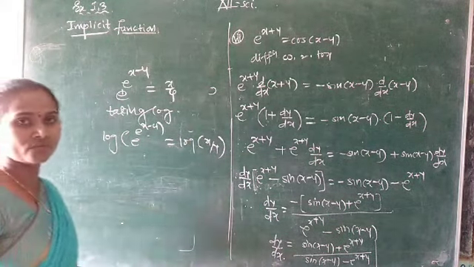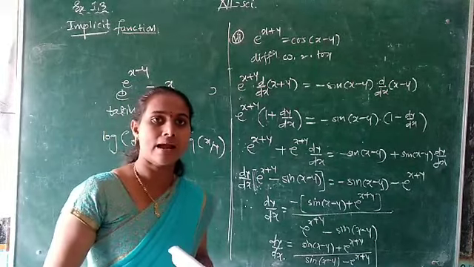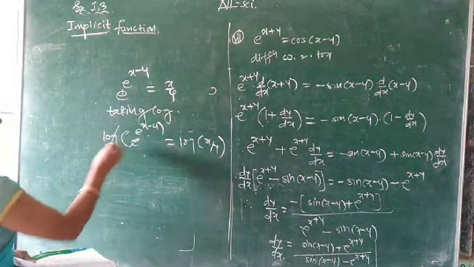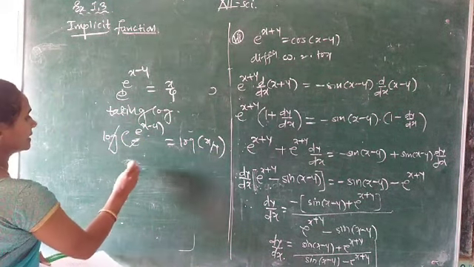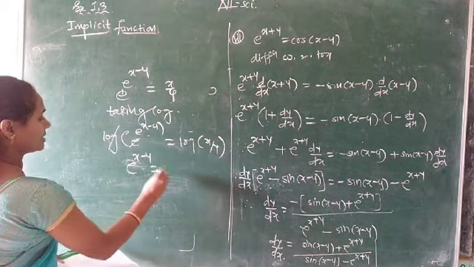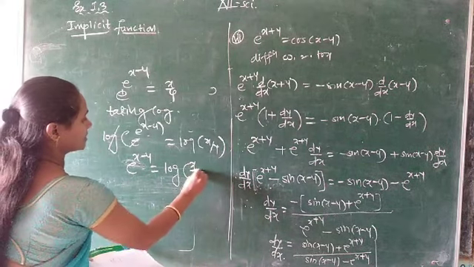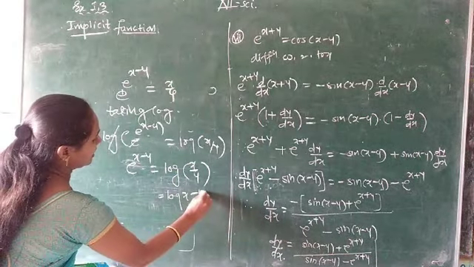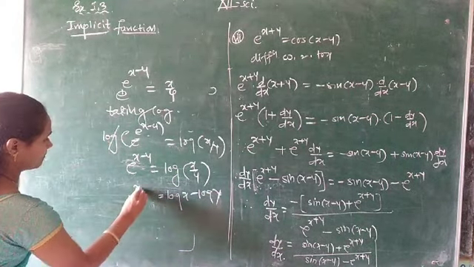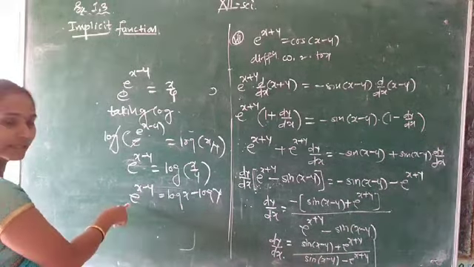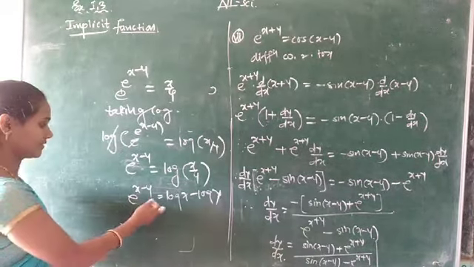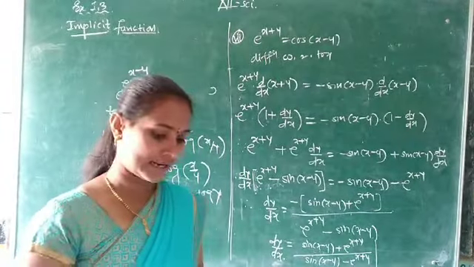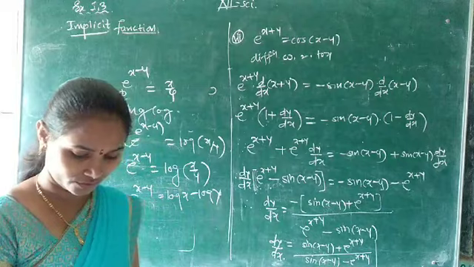We all know that logarithmic and exponential functions are inverse functions of each other. Since the log and e raised to will get cancelled, the remaining portion is x minus y is equal to log of x upon y. Again, log of m upon n can be written as log x minus log y. And then we will solve the example by differentiating with respect to x and finding the derivative of this. Question number 8 and question number 9 are straightforward, so you should try to solve them.